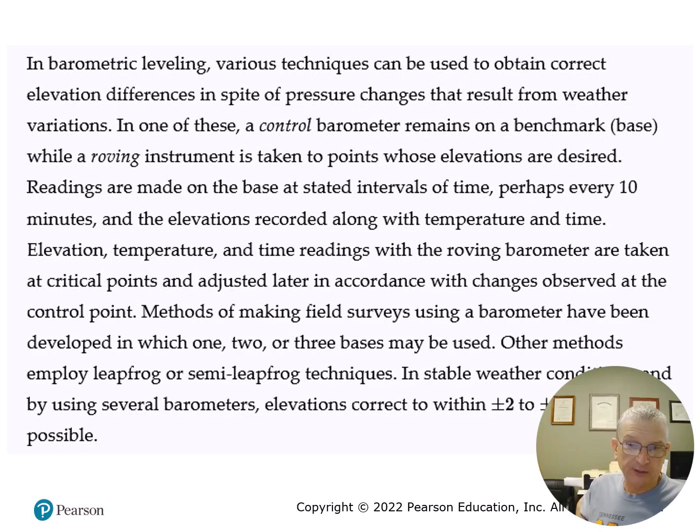And they say under ideal conditions that you can compute elevations to within 2 or 3 feet. Now, if you're in Florida, you're never going to even hear the term barometric pressure. If you're in the Appalachians or the Rockies or the Adirondacks or the Tetons, getting the top of a mountain close to within 2 or 3 feet is probably plenty good. So it's all relevant.